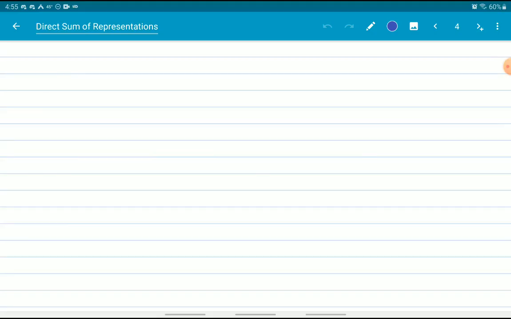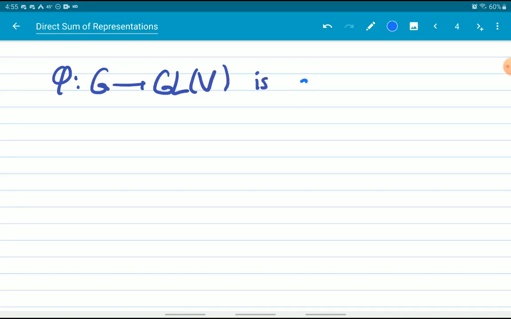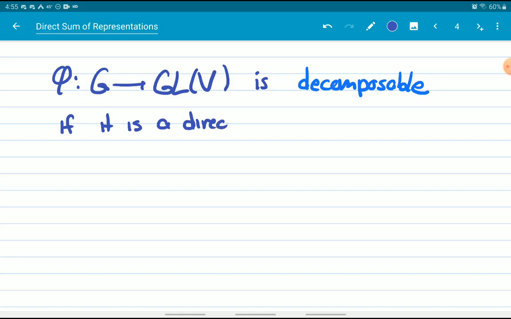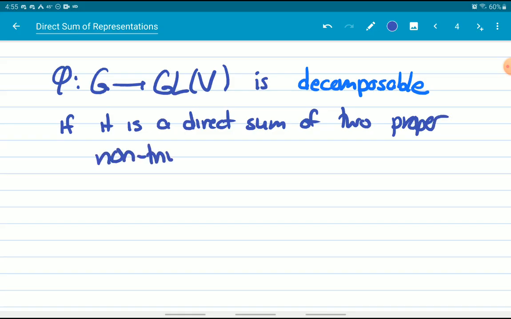Now we have some definitions. A representation is said to be decomposable if it is a direct sum of two proper and non-trivial subrepresentations.